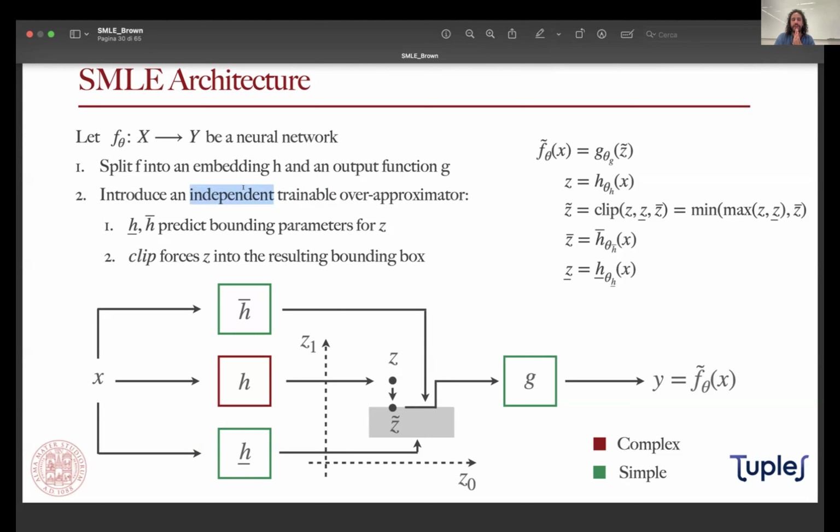The second observation is that these models can actually be very simple, because they don't need to reconstruct Z perfectly, exactly. This is the role of H, okay? They only need to roughly locate the region in which Z falls in the latent space. So they don't need expressivity, they don't need learning power. They can actually be simple.